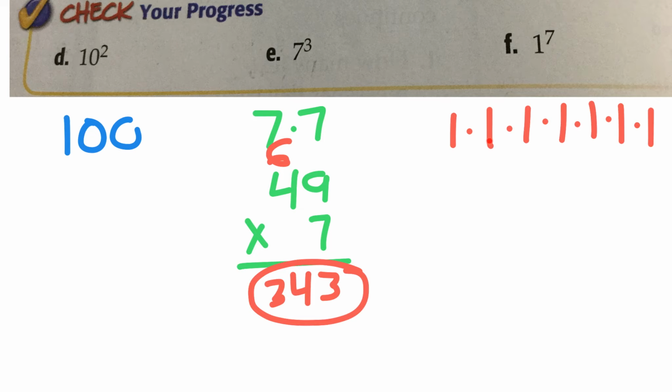What's 1 times 1? Times 1? 1 times 1 is 1. Times 1, times 1, times 1, times 1. So the answer is? 1. So 1 to any power is going to give us 1, right? 1 to the millionth power is 1.